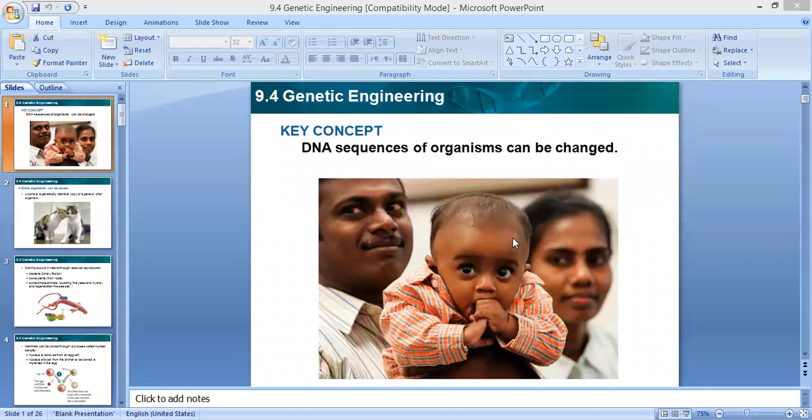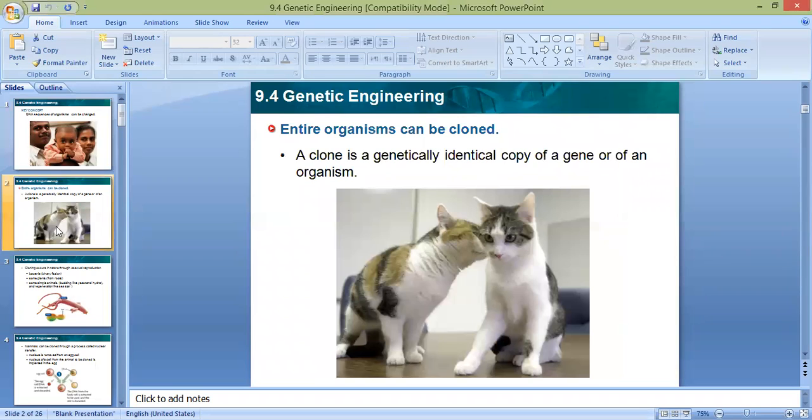Of course, we have many types of genetic engineering to give the organism better traits, to prevent them from some genetic disorders. So we do changing in the DNA sequence. We said here that before we go to the genetic engineering, I would like to remind you of cloning.